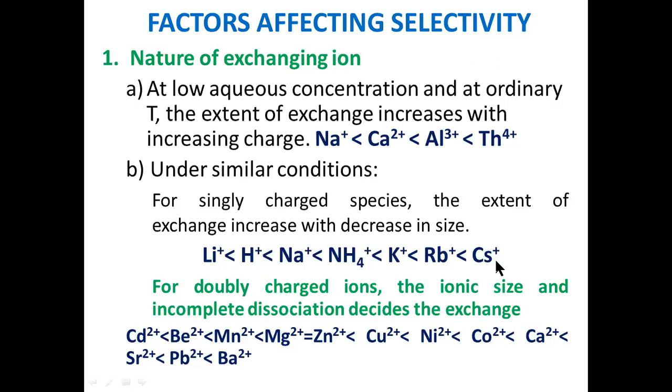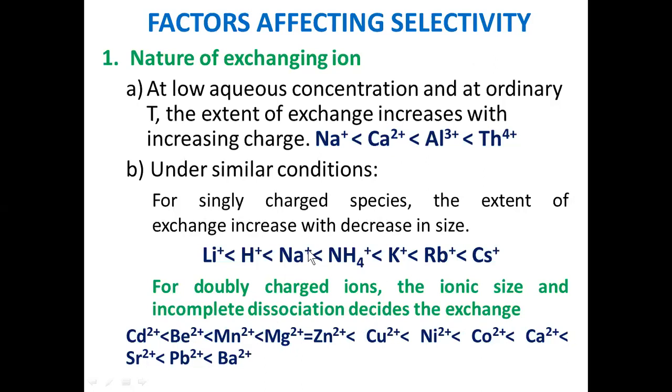That means the exchangeability of the resin in the hydrogen form, the cation exchange resin, will be more for cesium ion because it has lesser size. Cesium ion has a smaller size than rubidium, potassium, ammonium, sodium, H plus, and Li plus ions.